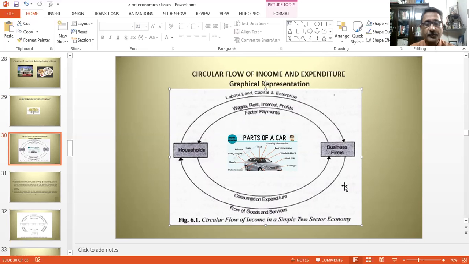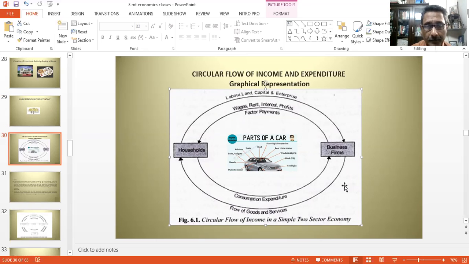The business firms use the factor inputs from households and produce this car, and the households which purchase this car, the firms provide the goods and services to them. There are a lot of associated services. So what you see in the lower half of the circle is consumption expenditure, that is the purchase of this product and supply of this product, demand and supply.